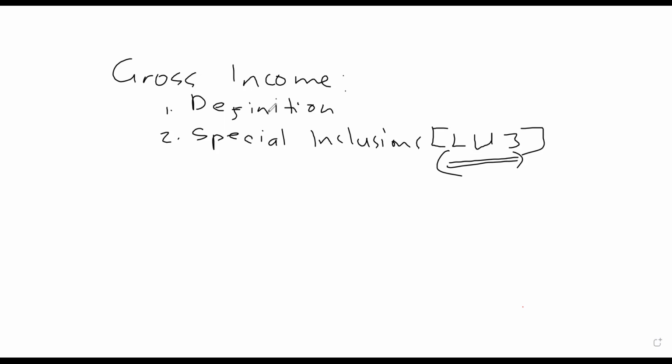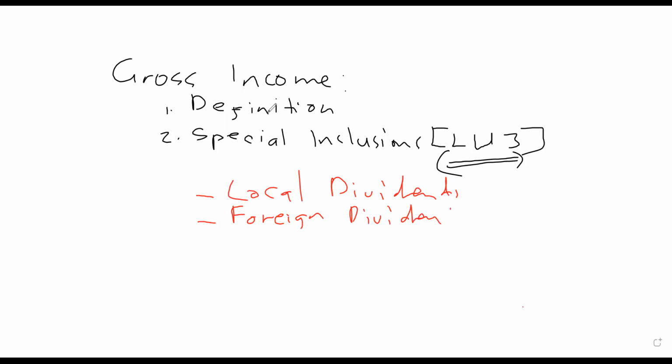Dividends can come in two forms in this case. I'm just trying to slightly introduce the aspect to do with special inclusions. It can be local dividends, and then obviously they also have foreign dividends.